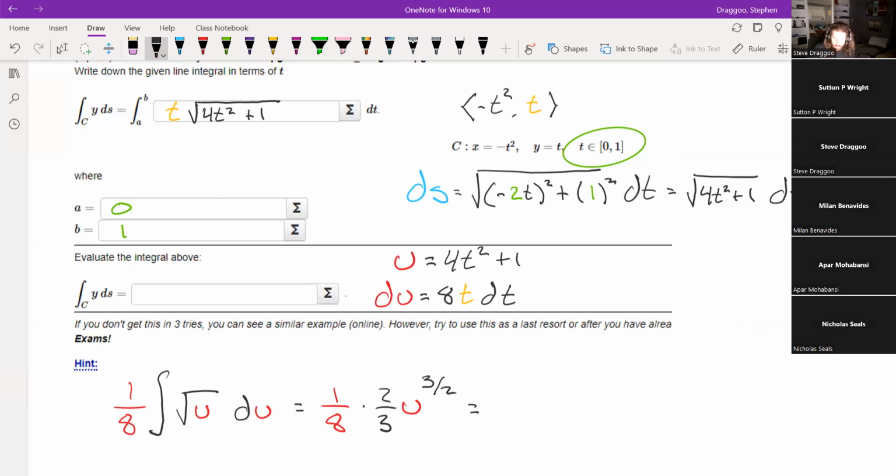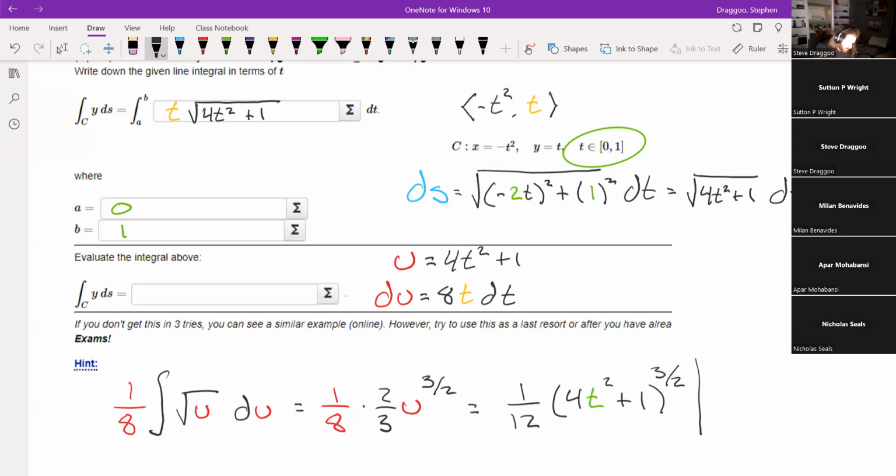Then I'm going to substitute back in for t. 1 over 8 times 2/3 is 1 over 12. So 1 over 12 times 4t squared plus 1 to the 3/2 power.